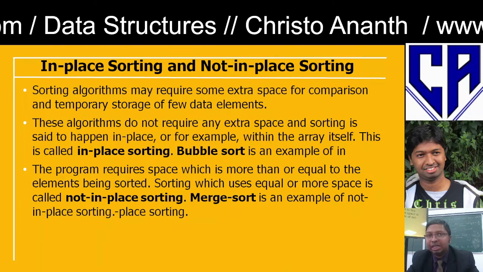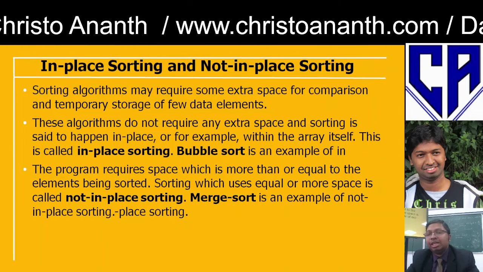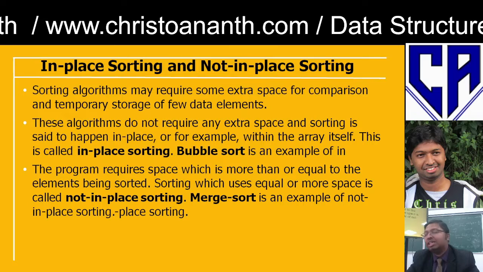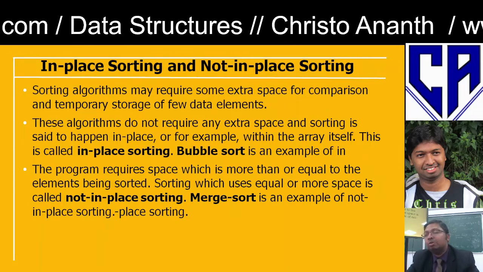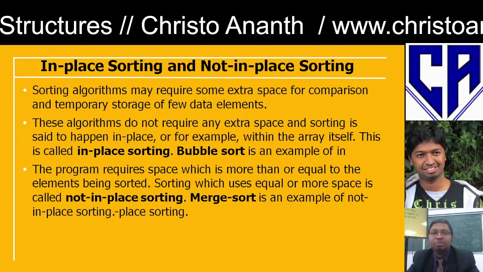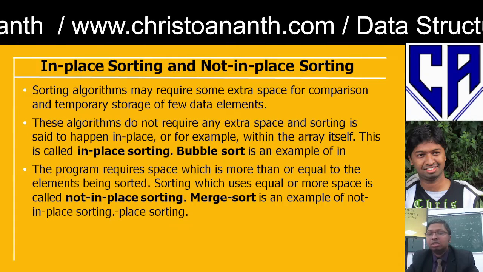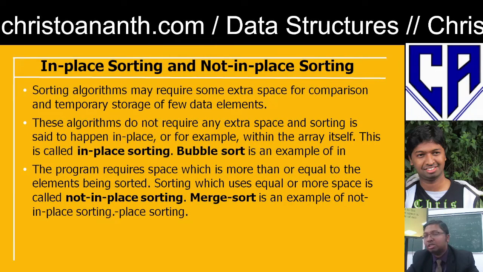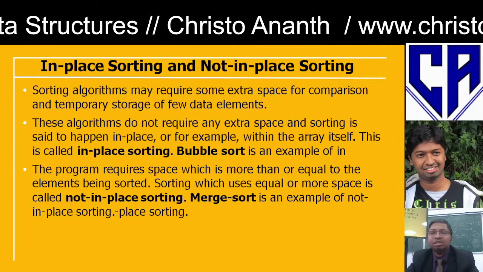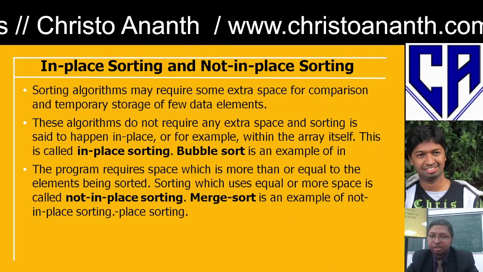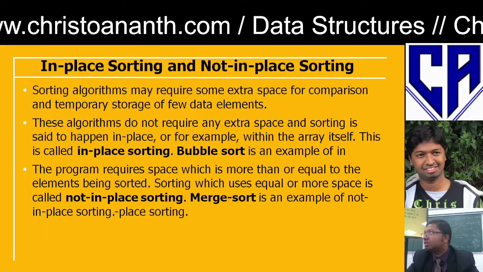But not in place sorting requires extra space which is equal to or maybe more than the elements being sorted. Merge sort is an example of not in place sorting, while bubble sort is an example of in place sorting.